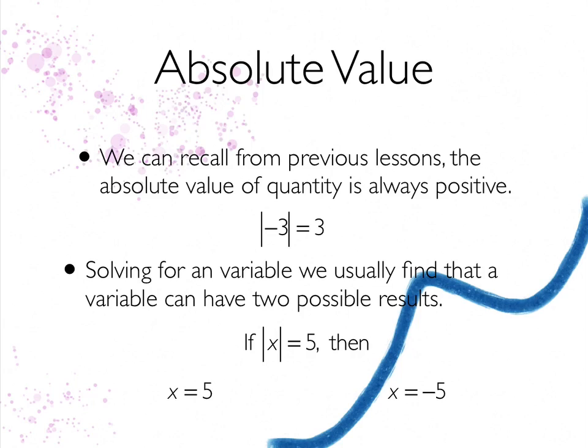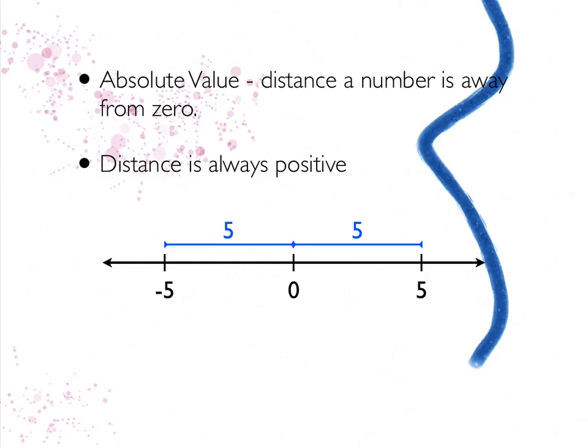So what we're running into in this section is looking at two possible answers in some cases that our variable could be. And once again, absolute value is the distance this number is away from 0. So if you have an absolute value of 5, that's how far you are away from 0.